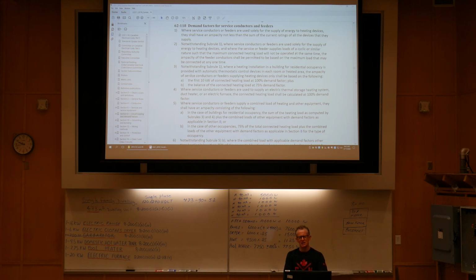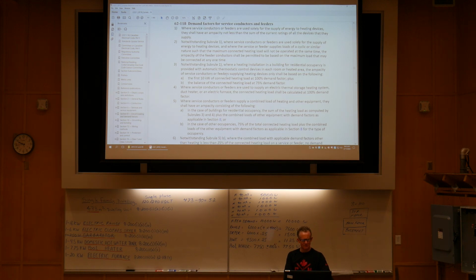Subrule 3 A and B is how we put baseboard heat into residential occupancy areas. This central furnace is not this type, because if you read subrule 3, it talks about automatic thermostatic control devices in each room. This central furnace is going to have one temperature control device.